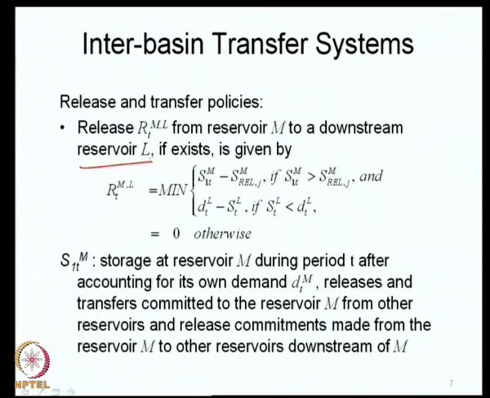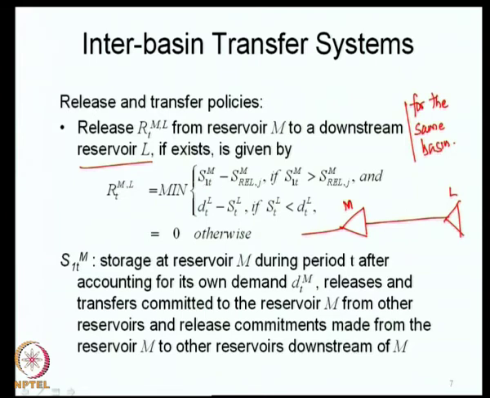Here, this release is for the same basin. So, we are standing at a particular reservoir M and we are saying a release to be made to reservoir L.